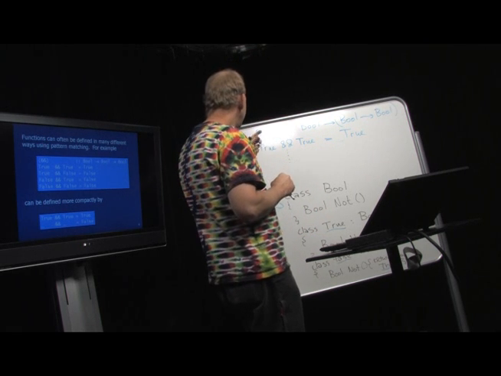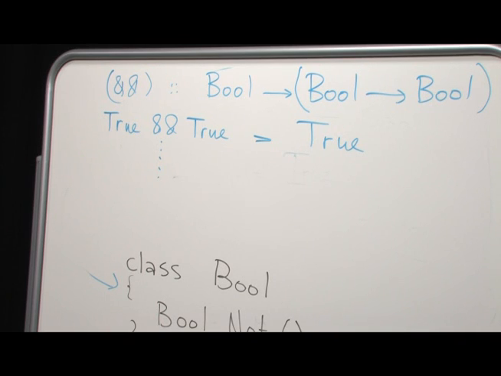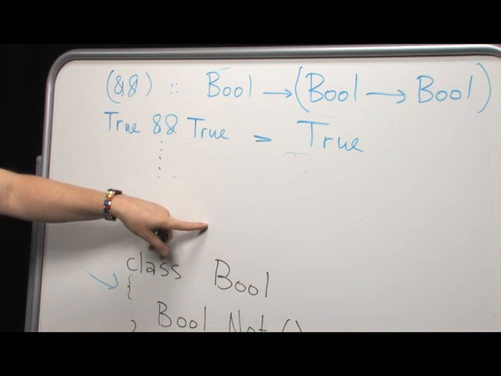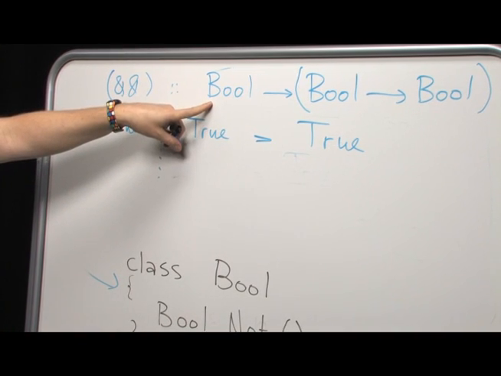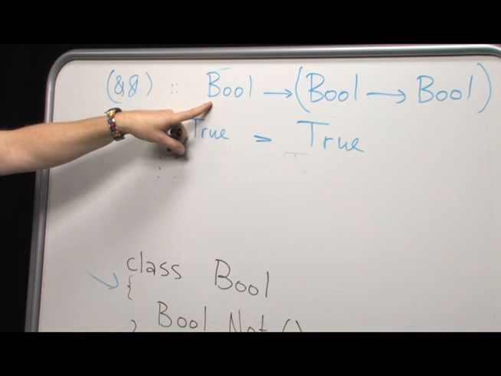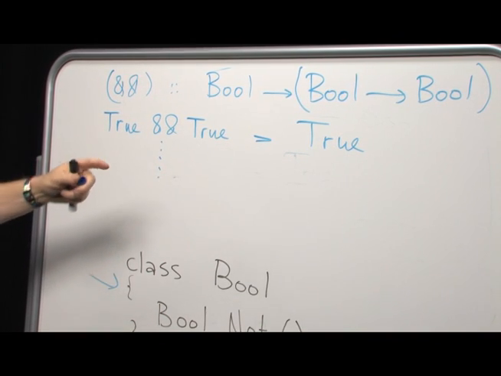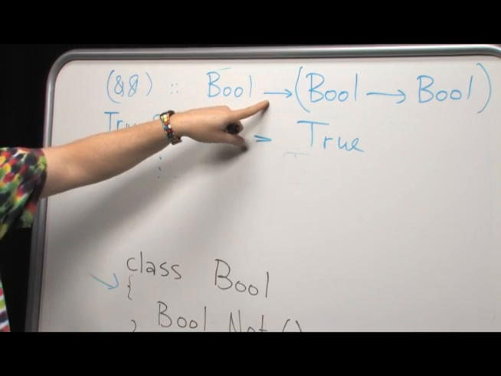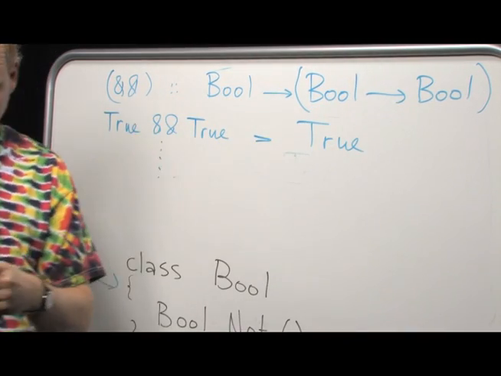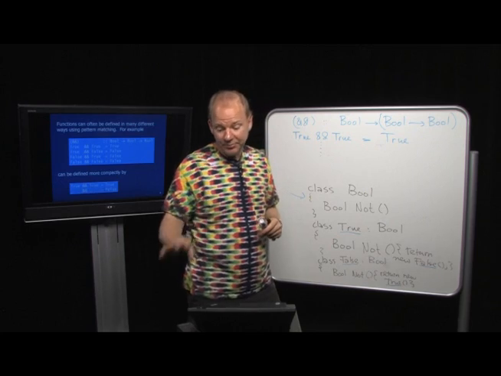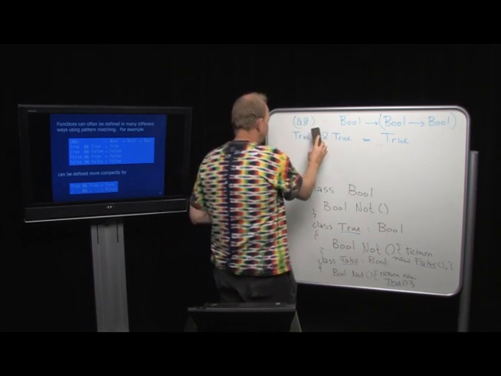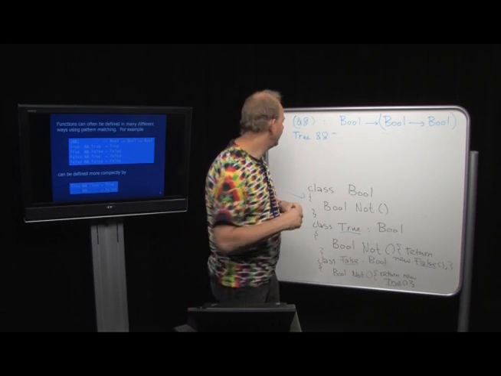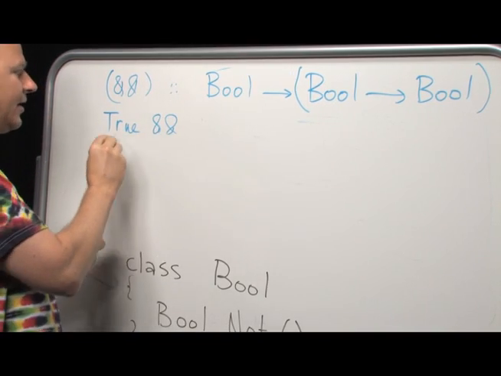However, if you look at this function here, the definition by pattern matching doesn't really reflect the fact that it's a curried function. Because if you look at this function, you want to think about it as something that takes a bool and returns a function that takes a bool to bool. So if you're really pure, and I'm a real purist, the way I would do it is I would define it like this.